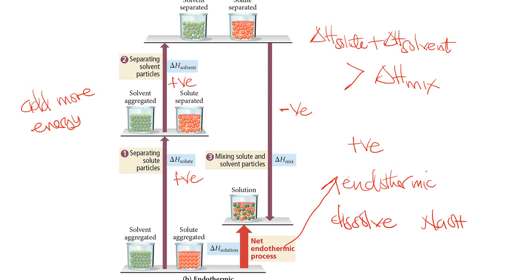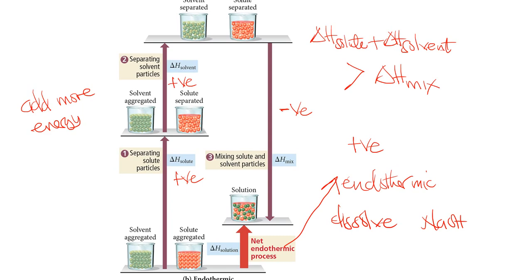What matters is: is the mixing more random? That's the final determinant on whether or not dissolution is going to occur or a solution is going to form. What matters most is the randomness of the solution after mixing. If you increase randomness, a solution is going to form.